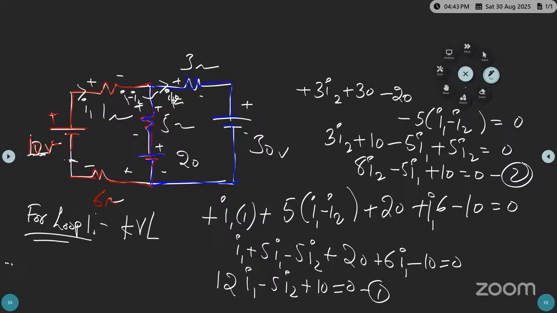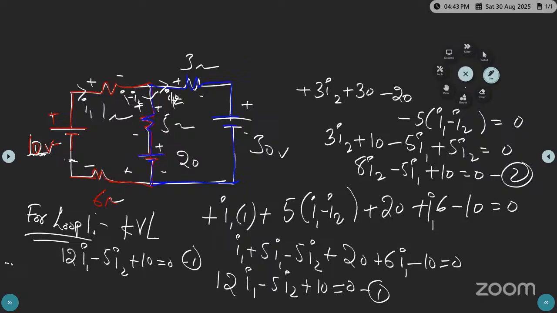Okay, write down these two equations now. Write down these two equations at one place. 12I1 minus 5I2 plus 10 is equal to 0. Equation 1.